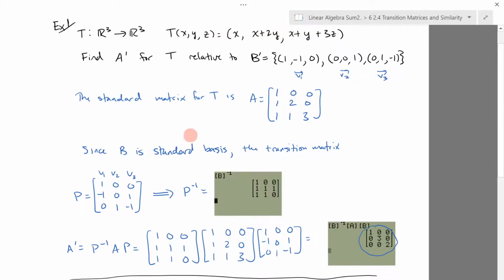And then because the starting basis B is the standard basis, the matrix P can be obtained by just taking the basis vectors as column vectors. And then from there, P inverse is just calculating the inverse of P. And then A prime is just calculated as doing this matrix multiplication.